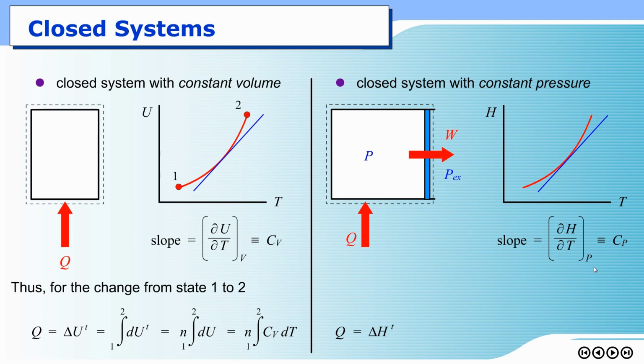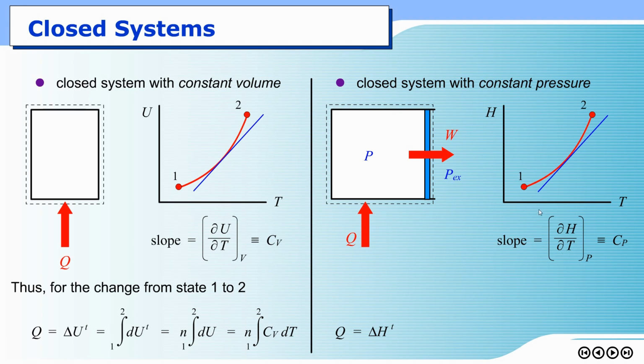Please keep in mind that this differentiation is partial differentiation. Same here. Both of them are partial differentiation, simply because enthalpy and internal energy are functions of so many variables, and temperature is just one of them. Right now we differentiate only with respect to temperature, so therefore we write it as partial differentiation.